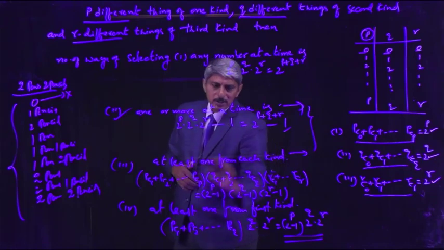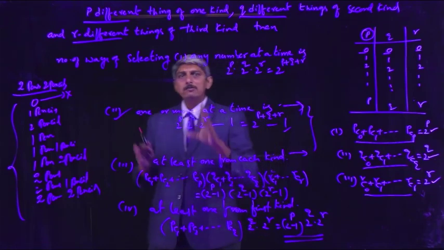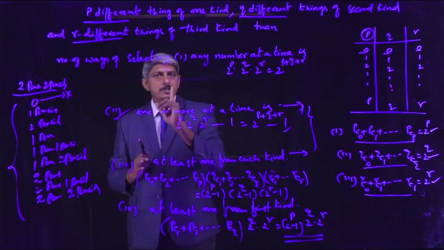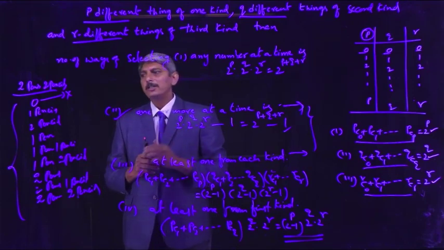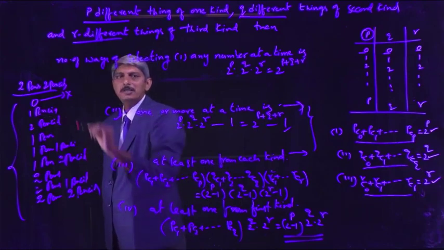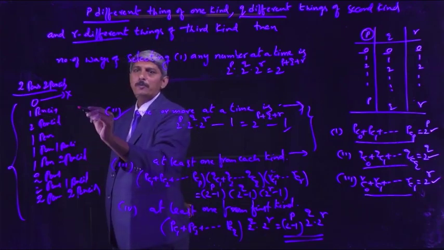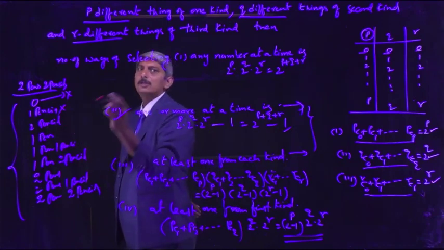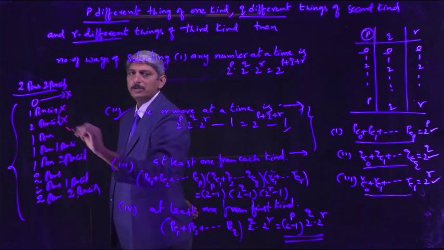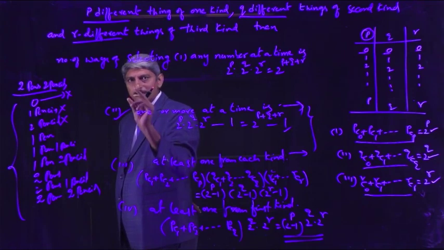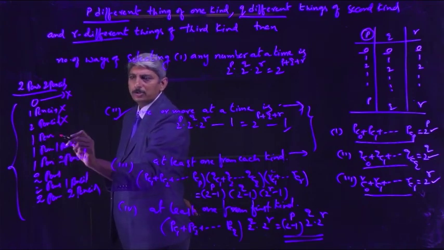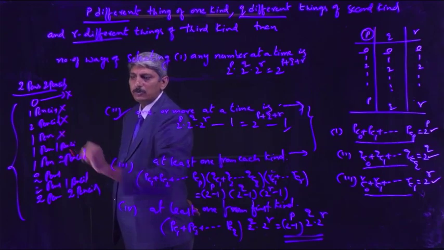Now, at least one from each kind means each kind must be selected at least once. So what are the cases? Here 0 pencils, 1 pencil means 0 pens, so exclude that. Next, 2 pencils means 0 pens, so we exclude this one also, because we need at least one pencil and at least one pen. For 1 pen, here 0 pencils, we exclude this one also.